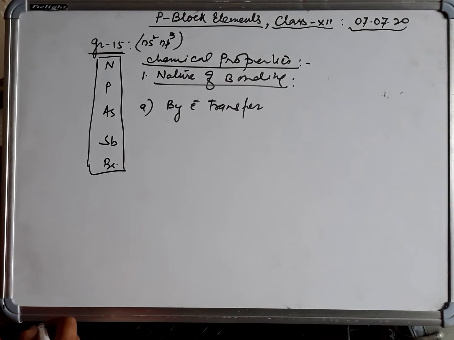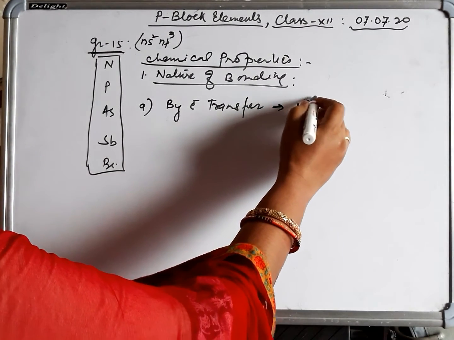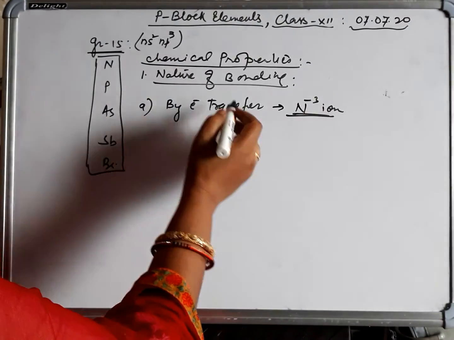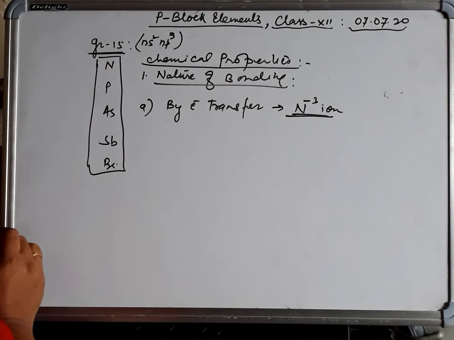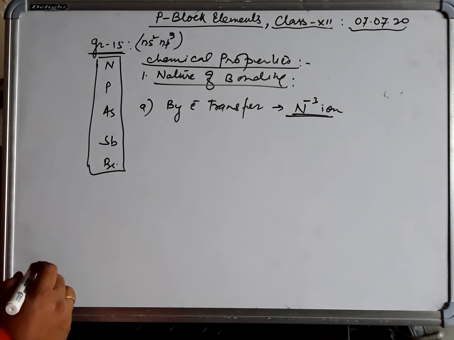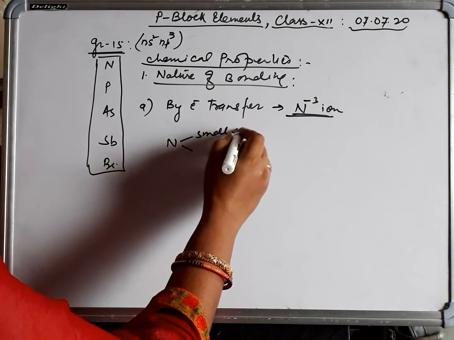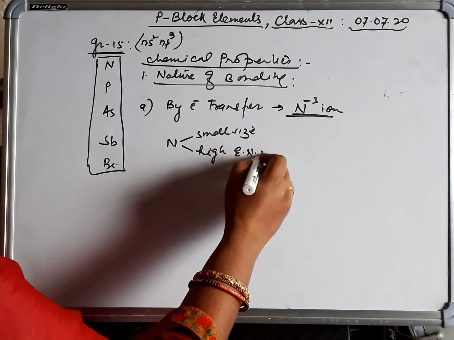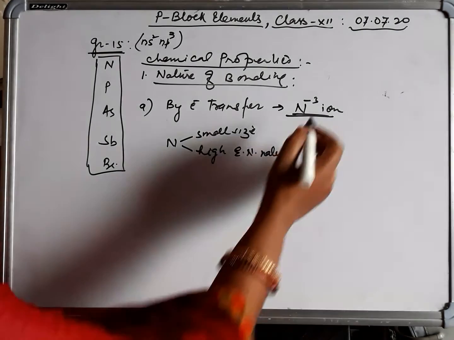Due to high electronegativity and very small size, nitrogen, the first member of this group, has the maximum tendency to form the nitride ion.